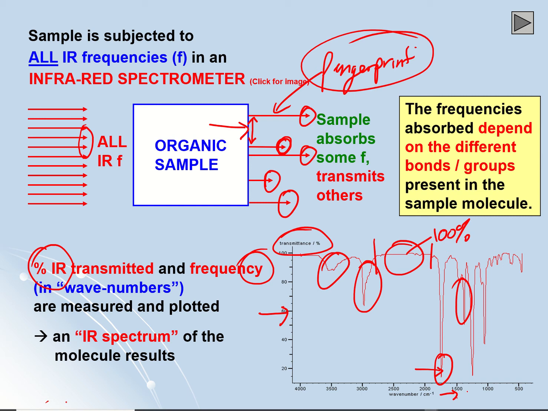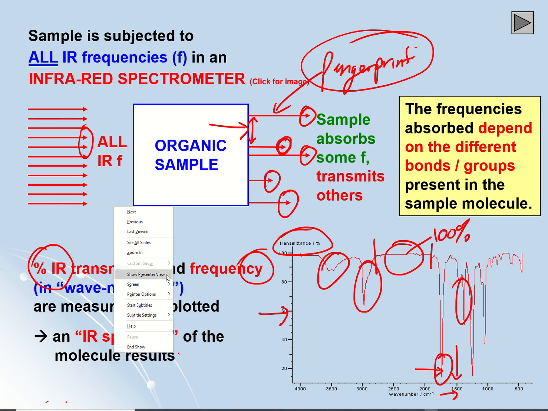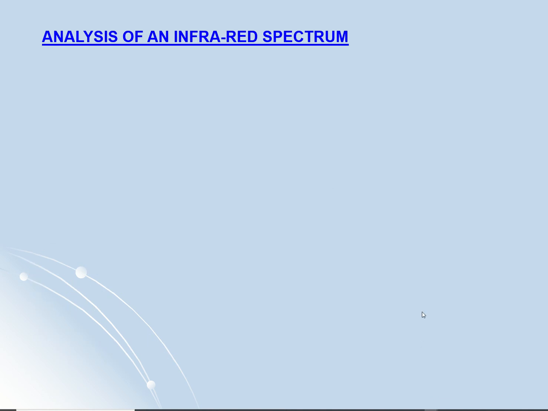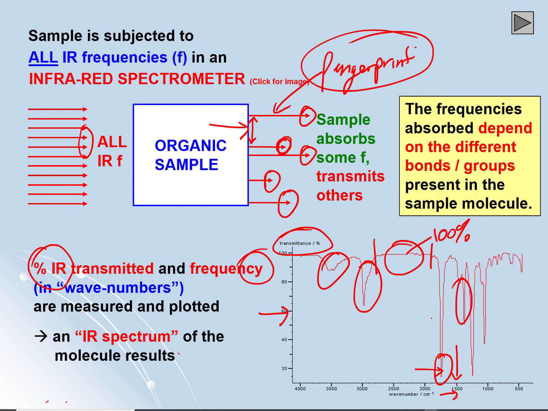Now, very importantly, in AS chemistry, from about where I am, that 1500 down, this allows us to identify functional groups, this region here.